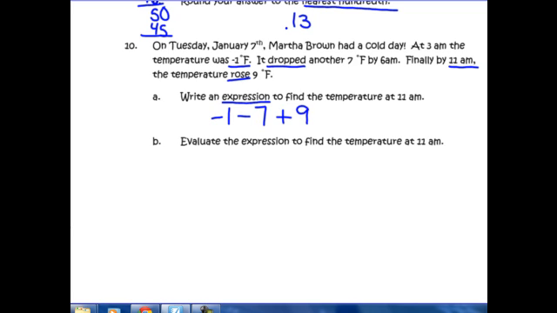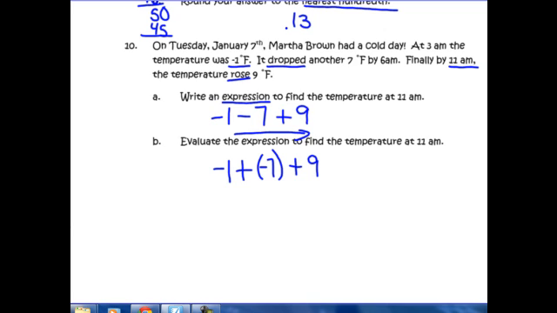Evaluate the expression to find the temperature at 11 a.m. Okay, so now we're going to find out what is -1 minus 7 plus 9. In my order of operations, adding and subtracting are equal operations. You solve them left to right. Subtraction comes on the left, so I'm going to solve that first. So -1 minus 7, subtraction is changed to add the opposite, plus 9.